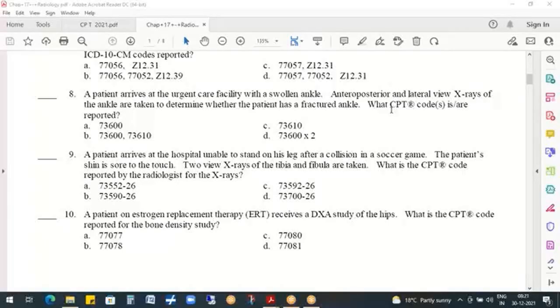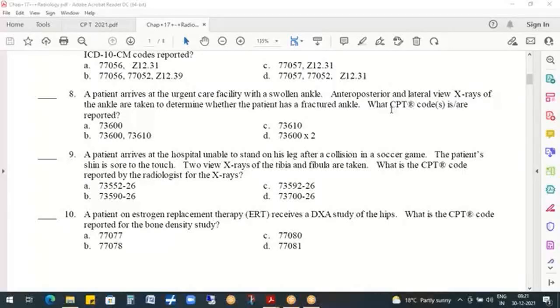What is the answer to the 8th question? Answer A, sir, 73600. Everyone the same answer. Any doubts in understanding the question? Okay, question number 9.